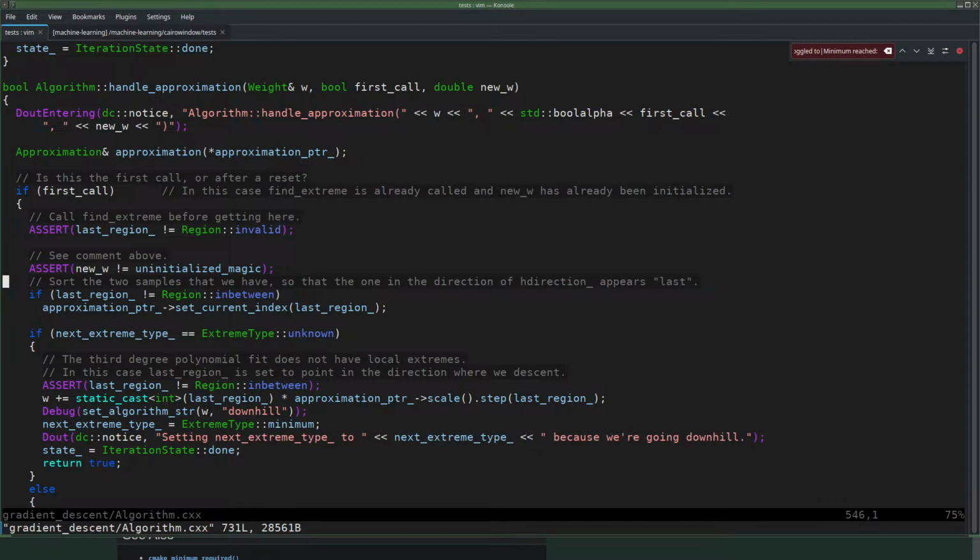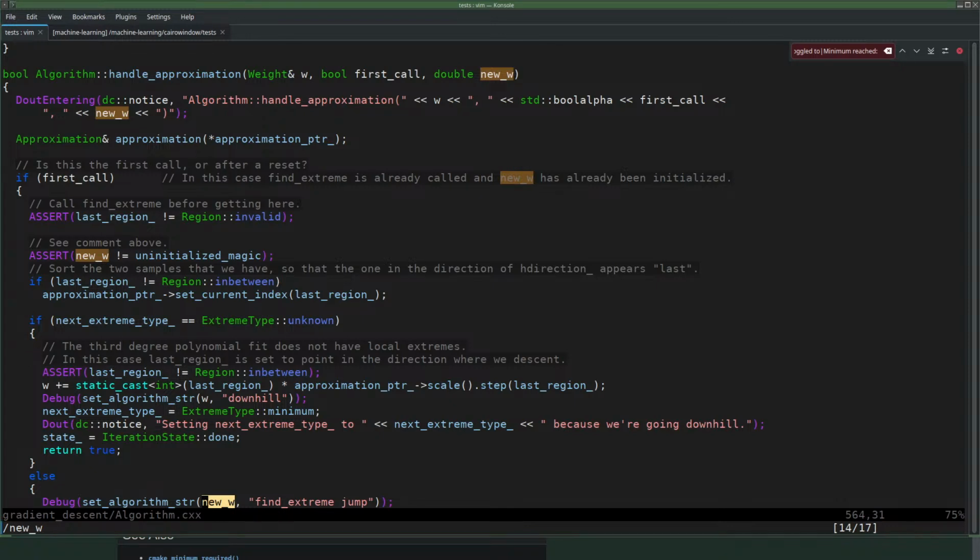Sort the two samples that we have so that one in the direction of is lost. Wait, what am I doing? Yeah, so if first call is set, then it can no longer be uninitialized. And then we are going to use it as well. Or not.